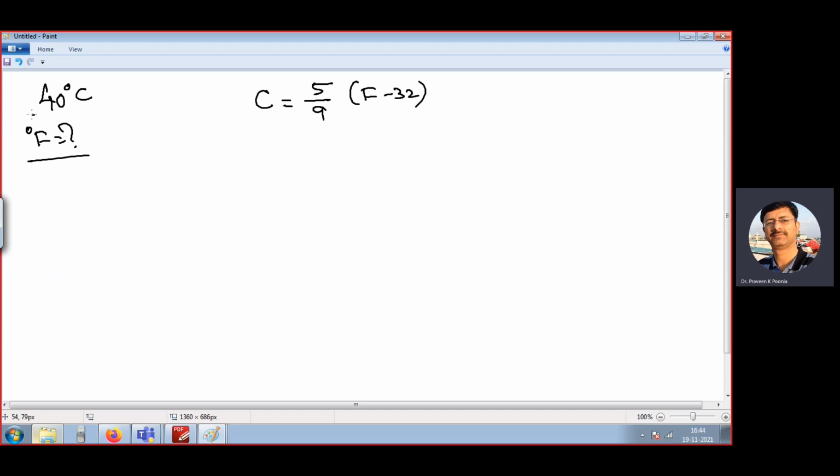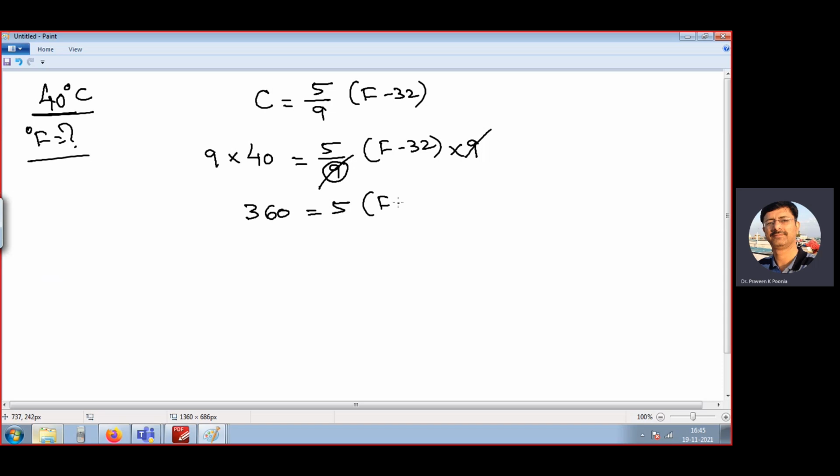Clear? Now you need to put the value of C. So 40 equals 5 divided by 9 (F minus 32). Now you can see there is a division by 9, so multiply by 9 on both sides. This 9 is cancelled by this 9. So 9 times 40, 360, is equal to 5 (F minus 32).